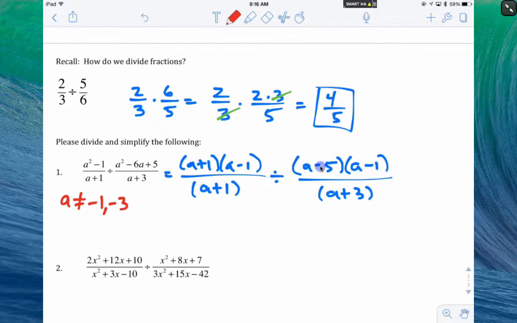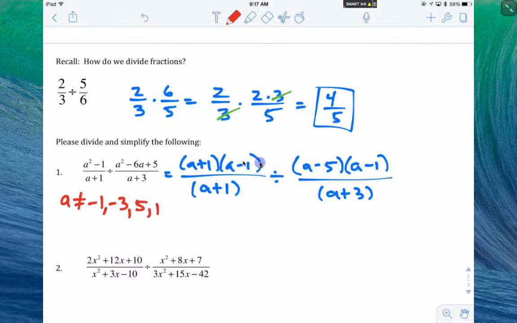If a were 5, or if a were 1, then this numerator would be equal to 0, this fraction would be equal to 0, and we'd have something divided by 0, which is no-go. That's going to yield an undefined result as well. So what's different about these division problems is there are going to be more variable restrictions. Excuse me, a can't equal 5. a also can't equal 1.